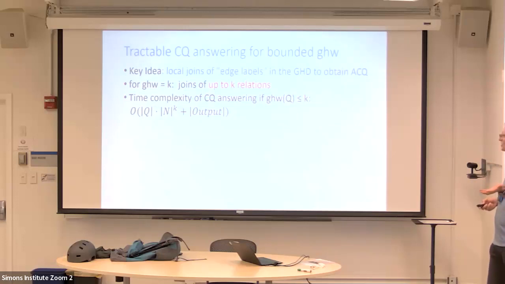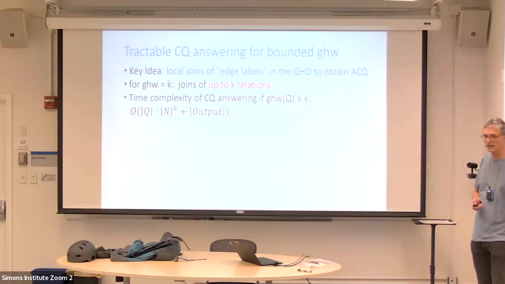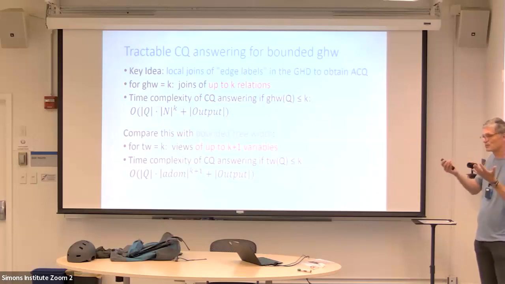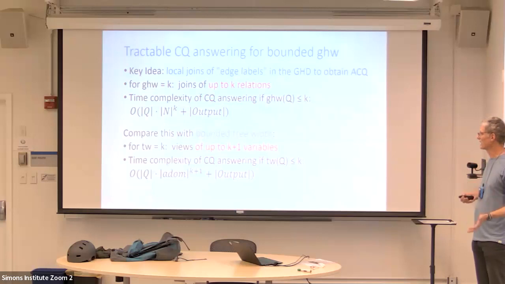Yeah, and so the complexity. Okay, it's higher than with acyclic conjunctive queries because we first of all have to compute these joins of up to k relations for each of the edge labels. But then we have the usual upper bound on the complexity from acyclic conjunctive queries from Yannakakis algorithm. With bounded tree widths, it means that we have to construct views of up to k plus 1 variables if we have a tree width of k.